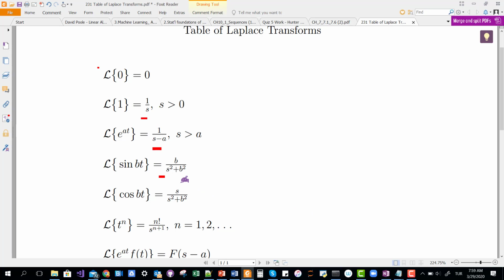So from now on, instead of using the integral, we're going to start using this type of table so that you can read easily. Of course, if I ask you, please use the definition to figure out what the Laplace of this function is, you just need to use the integral instead of the table.